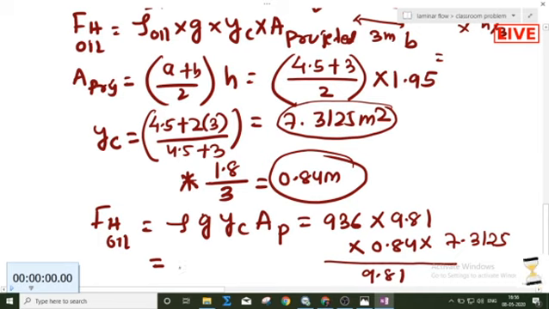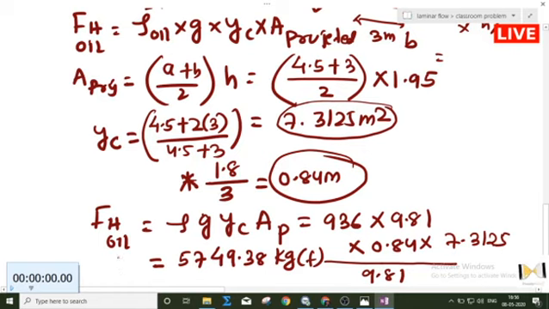How much kg force is it? It is 5749.38 kg force. This is the hydrostatic force by oil.